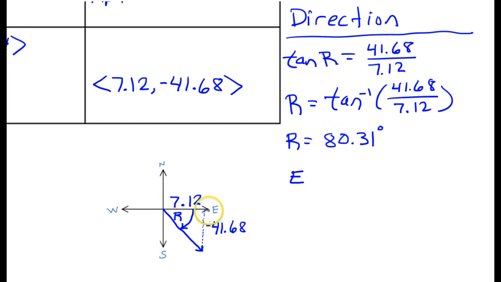So we started at east, and then we turned 80.31 degrees in the direction of the south. So this is how you would write this direction using this type of format.